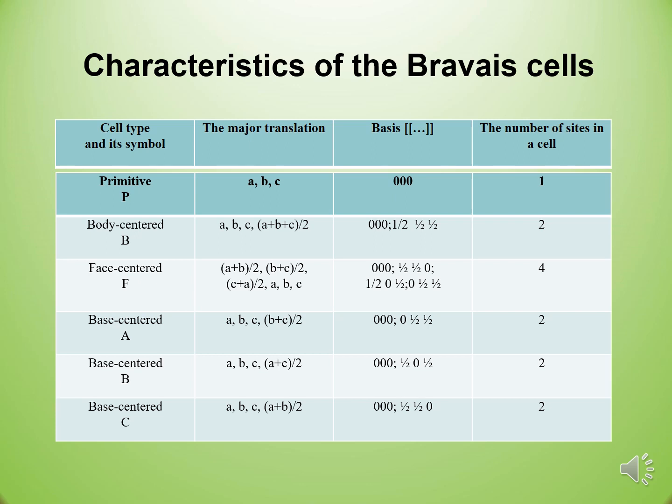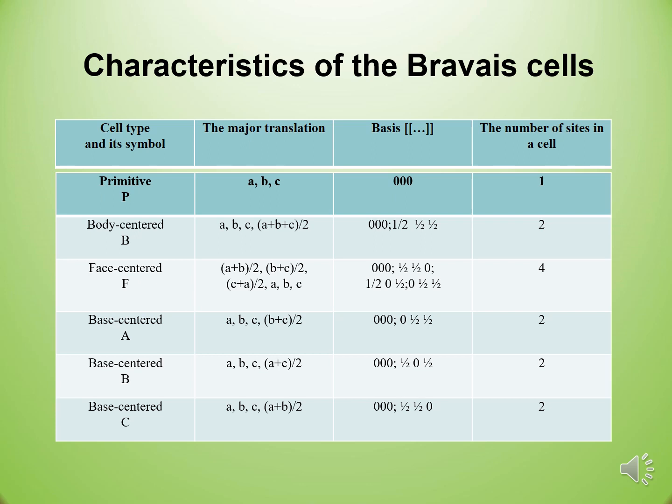In this case, the origin is selected at the top of the cell, and coordinates of the sites are expressed as a fraction of the elementary translations A, B, C. And here you can see the translational group for the primitive, body-centered, base-centered, face-centered, and I. Here the major translation, basis, and the number of sites in a cell.